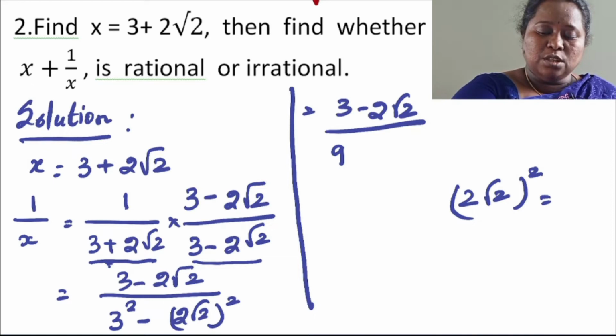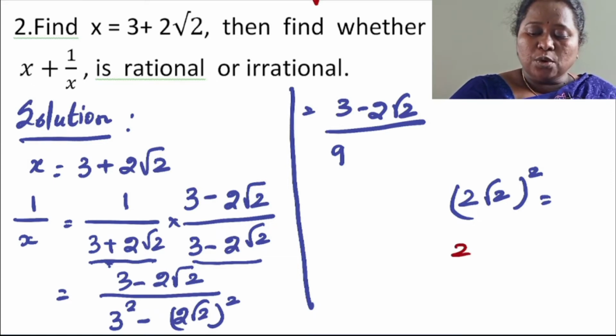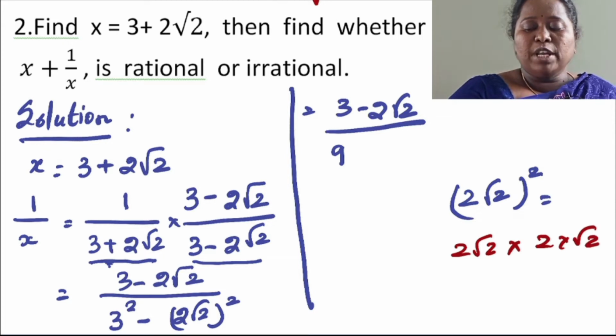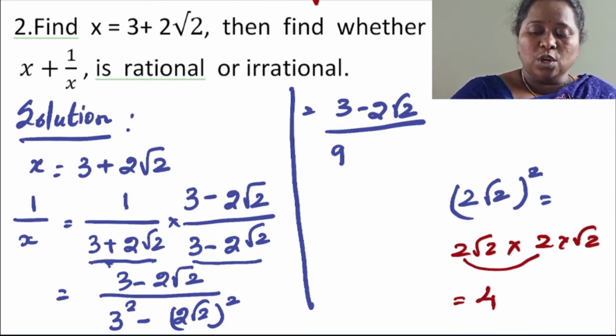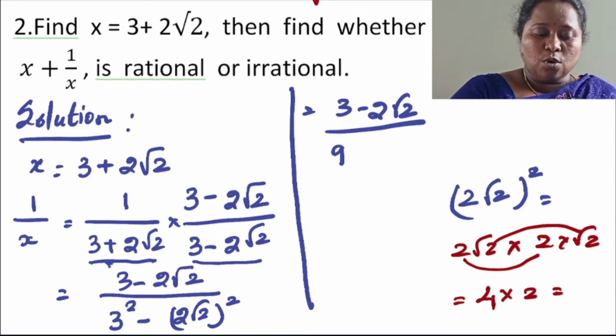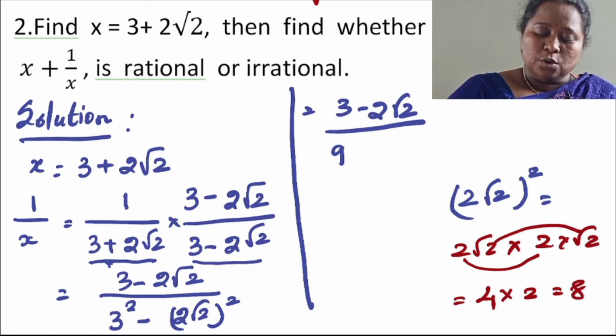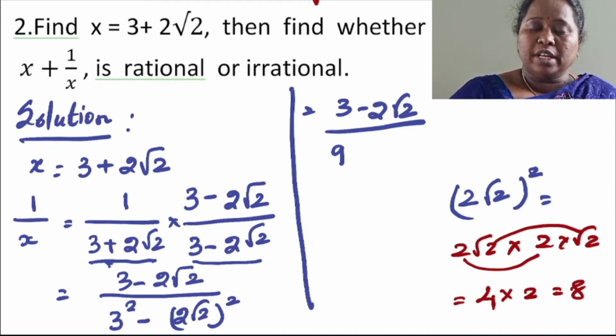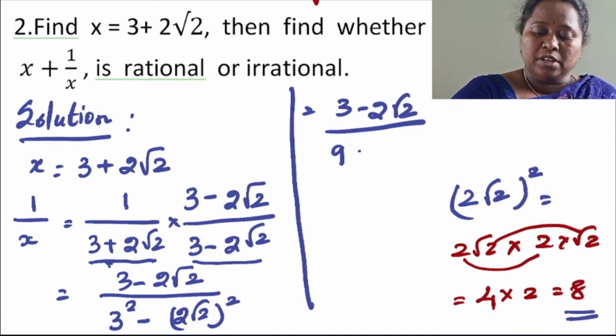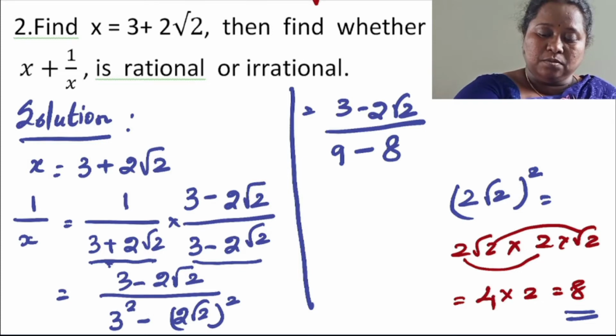That is 2 into root 2 into 2 into root 2. 2 into 2 is 4, root 2 into root 2 is 2, so 4 twos are 8. So 2 root 2 the whole squared is 8. So, I am going to write 9 minus 8.